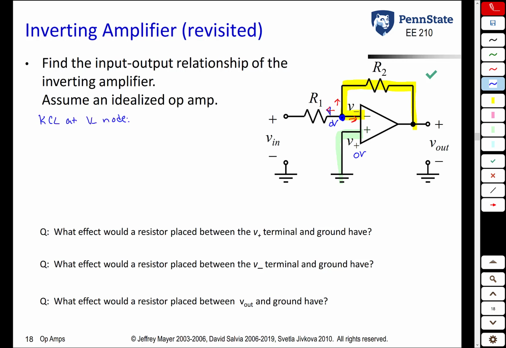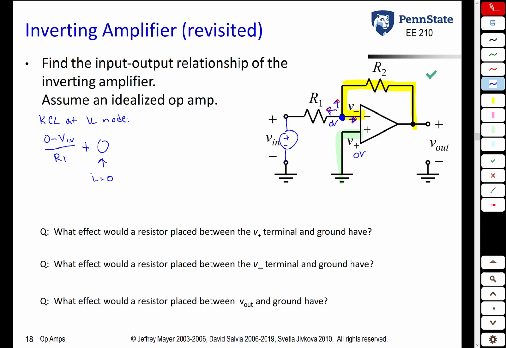The current to the left is going to be V minus minus Vin, where Vin is whatever this input signal is, over R1. So we get 0 minus Vin over R1. The current to the right is the current into the inverting terminal of the op-amp. That's 0, because we're assuming that I minus is equal to 0. That's one of our assumptions.